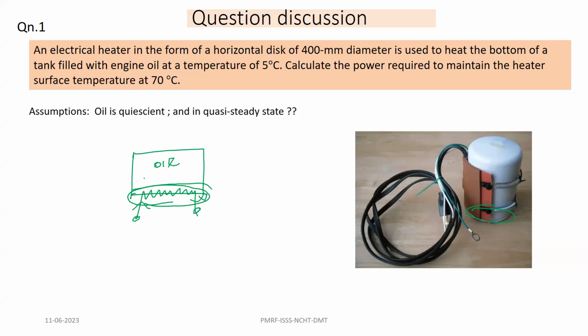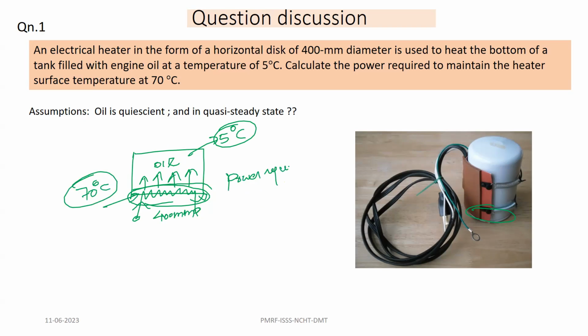It will heat it, so that it will transfer heat into the oil. The diameter is 400 mm, the oil temperature is 5 degrees Celsius, and the surface temperature of the base plate is 70 degrees Celsius. So the question is, calculate the power required: how much power we need to supply electrically so that this will start heating.